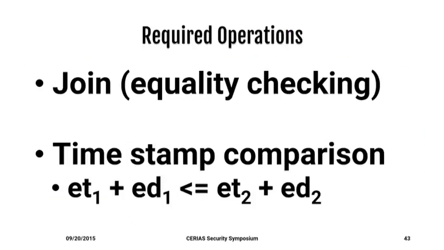Actually, what we show is that these two operations are enough for auditing HIPAA and GLBA, okay? So what we need is a join operation and the timestamp comparison. Basically what we need is E(T1) + E(D1) is less than or equal to E(T2) + E(D2). T1 and T2 are explicit times, and D1 and D2 are constants, like 30 days, 2 days, or something like this, okay?